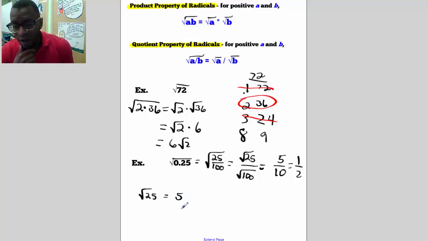So positive 5 times positive 5 gives us 25, and also negative 5 times negative 5 gives us 25. Okay, so here when we take the square root of 0.25, the square root is actually going to be plus or minus 1/2. So we need to put that plus and minus in the front.